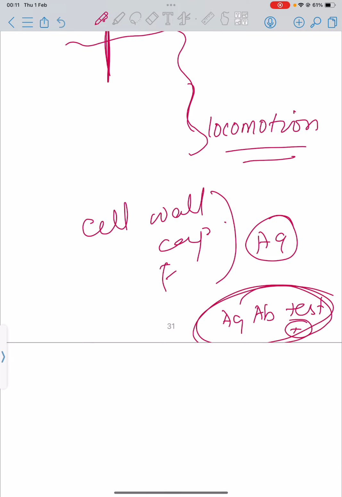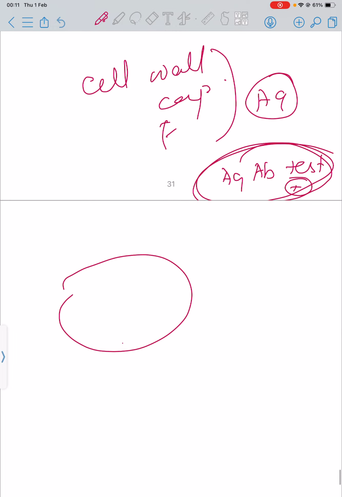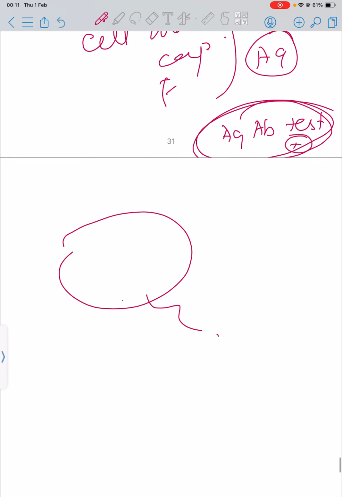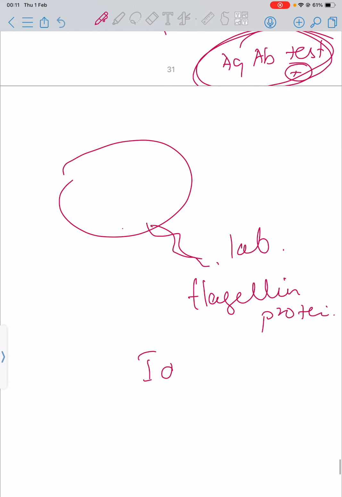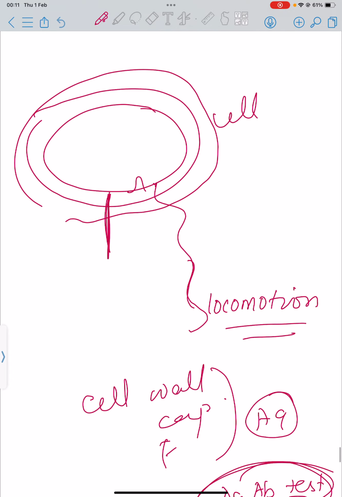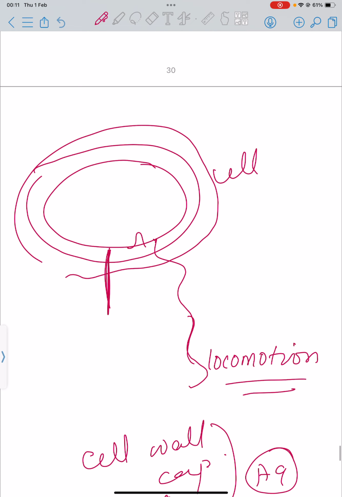They are extra things through which we can identify the bacteria. In the lab also, because of flagella, which has flagellin protein, we can easily identify it. So we completed the cell wall, flagella, pili, chromatin, ribosomes, and even plasmids.